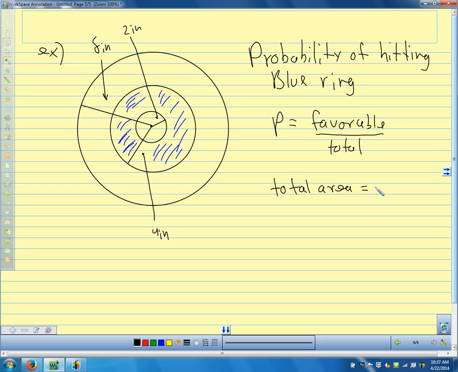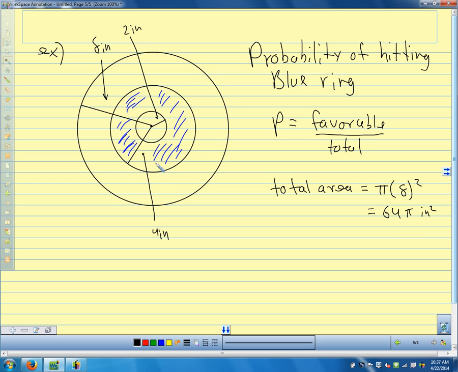The whole target, the big circle. The total area is pi times the radius of that big circle squared. So I get 64 pi square inches. I'm going to leave the pi in my answer, in terms of pi, because the nice thing happens right at the end. So the total area is 64 pi square inches.